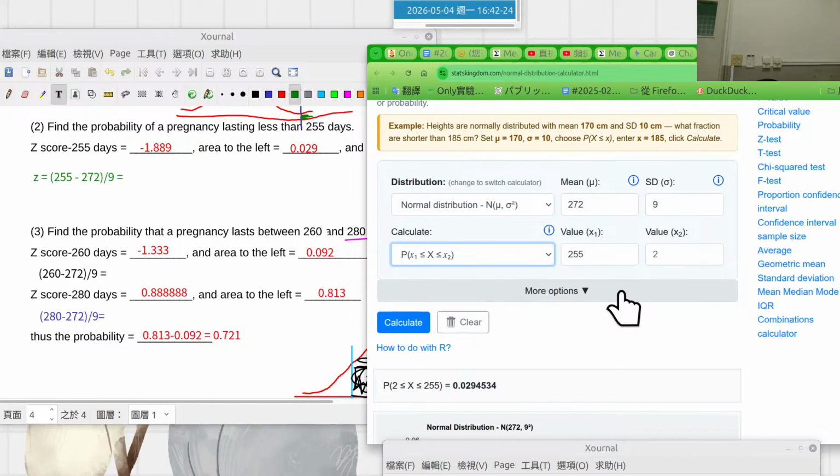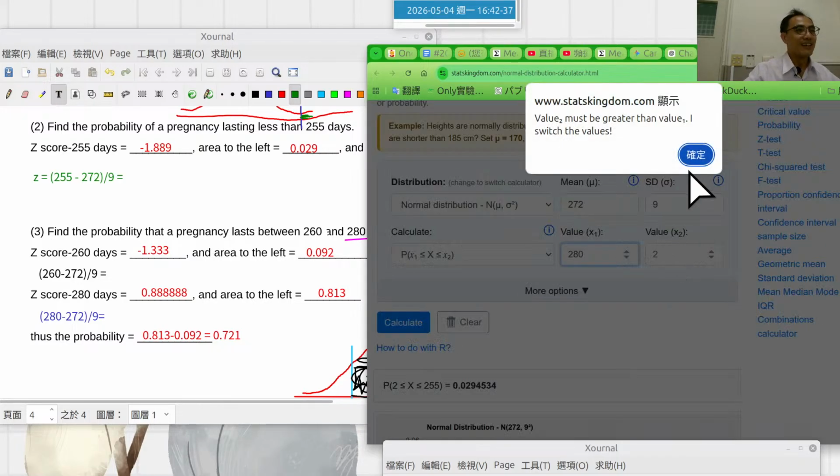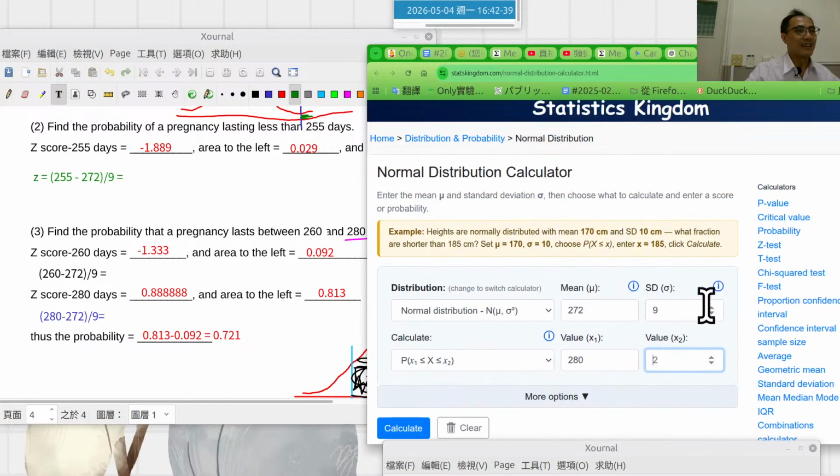Sure, you can try the wrong order, then you get a strange answer. It's not my fault, okay? Let me try using the wrong answer. 280 and 260. I intended to do the wrong answer. Okay, let's check it.